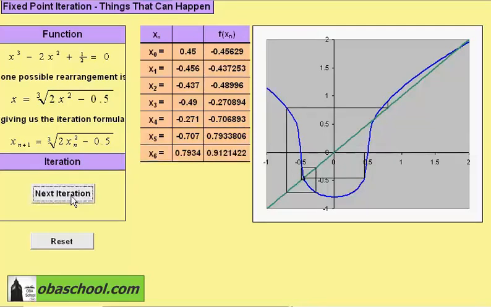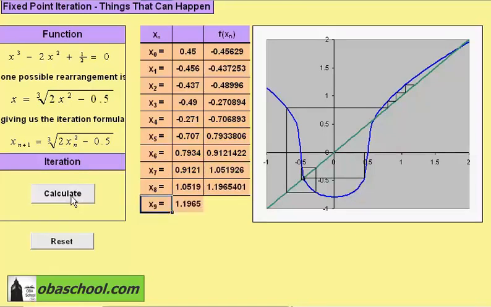The curve goes across here, and we begin to see a staircase success towards the third root, the one we predicted that this arrangement would find. This is very complex behavior, and you're not expected to know this sort of detail.